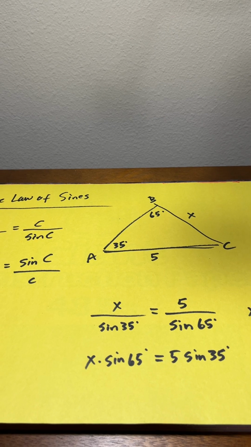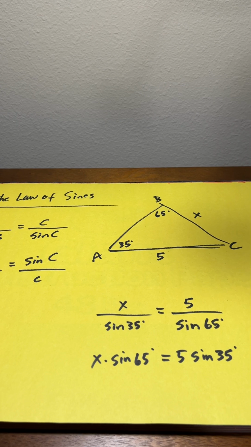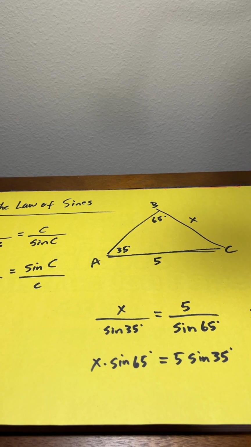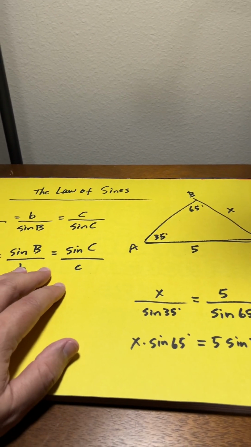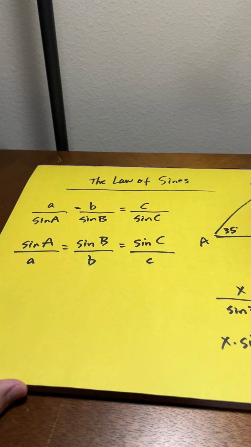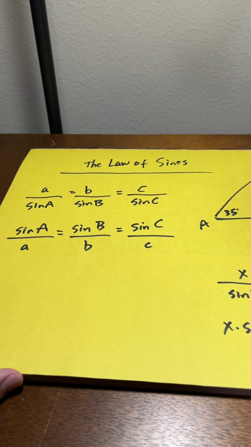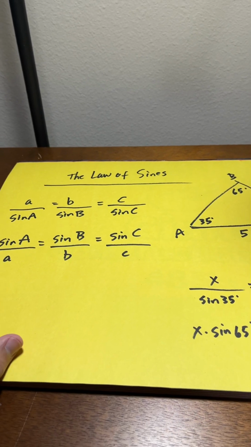So there might be a temptation to try to just use sine, cosine, or tangent, but you cannot use right triangle trigonometry when you don't have a right angle. So you need the law of sines here. And there is something called the law of cosines that we can learn later on that might be helpful in some cases. But right here, the easiest thing to do was to use the law of sines.